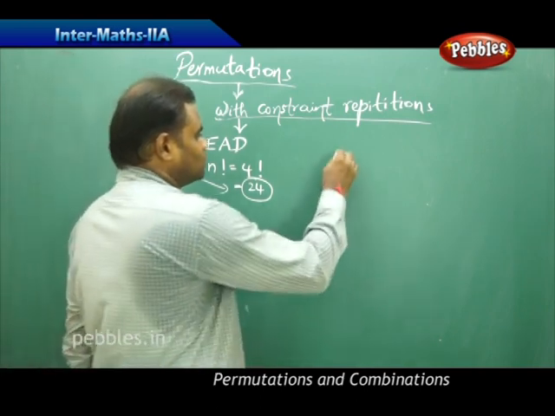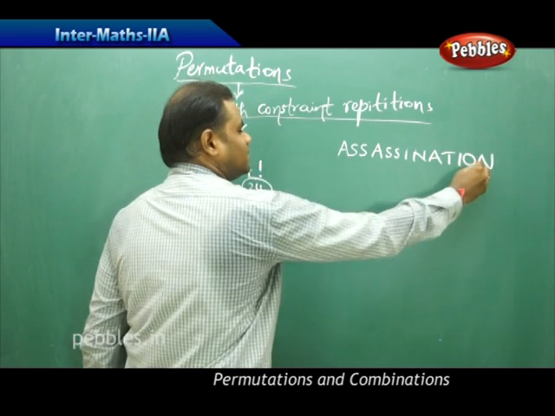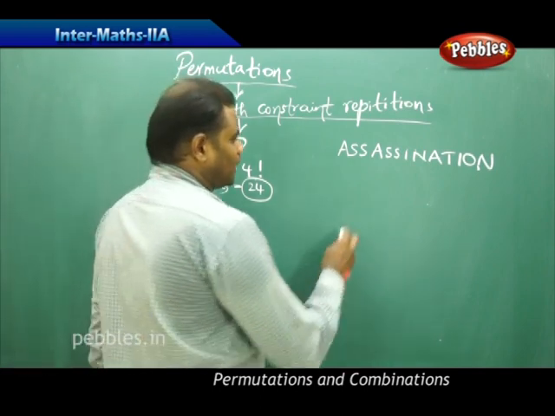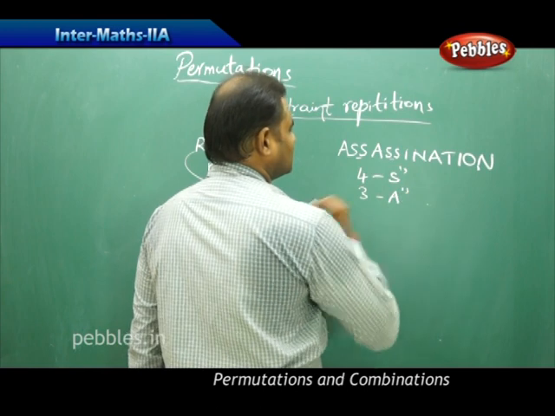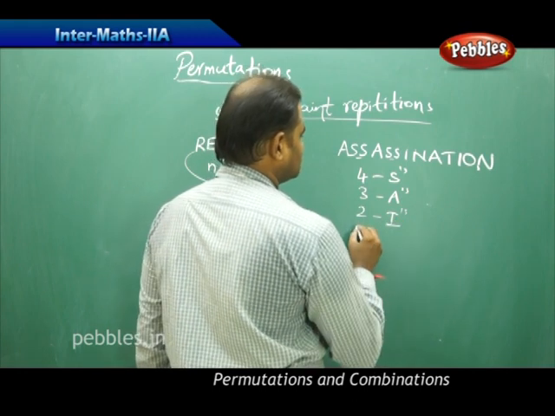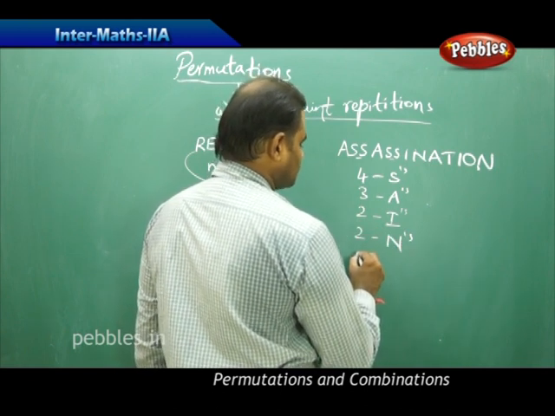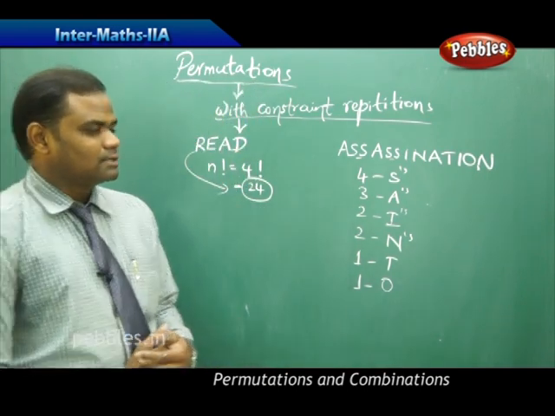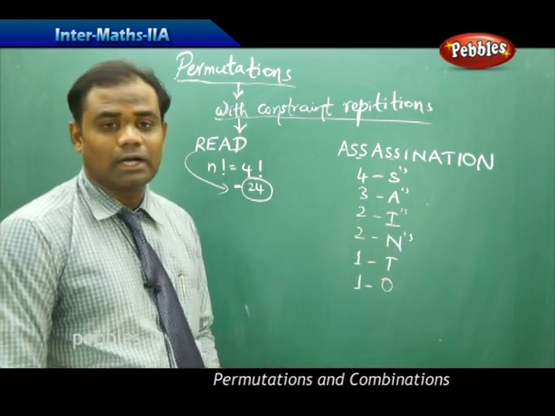Now what happens if I use the word ASSASSINATION? Clearly there is a wide difference between this word and the previous word, because I have some repeated letters: there are 4 S's and 3 A's, 2 I's, and N's are 2, and 1 T and 1 O. In this case, S repeats 4 times, A repeats 3 times, I twice and N twice, while T and O are not repeating.